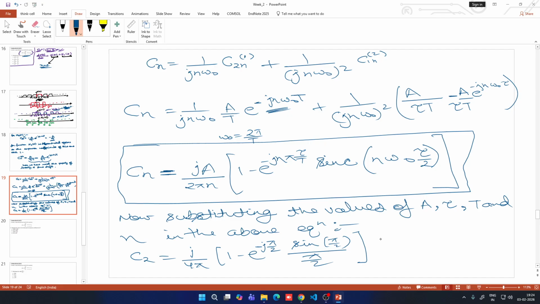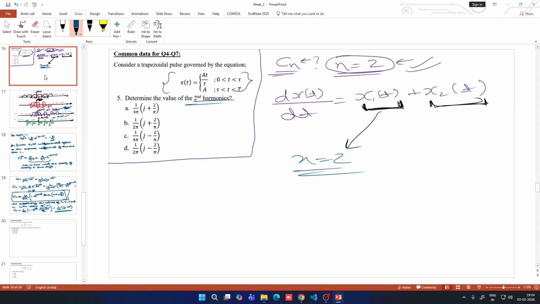So now when we solve this, we will get 1 by 4 pi into j minus 2 pi. So if we match it with the given options, the correct answer is option C, 1 by 4 pi into j minus 2 pi.